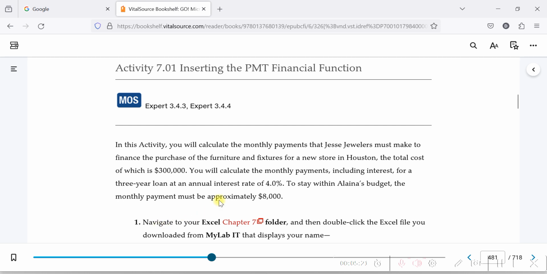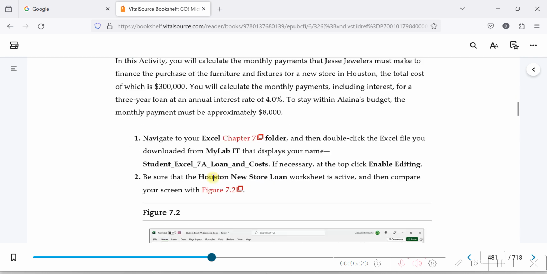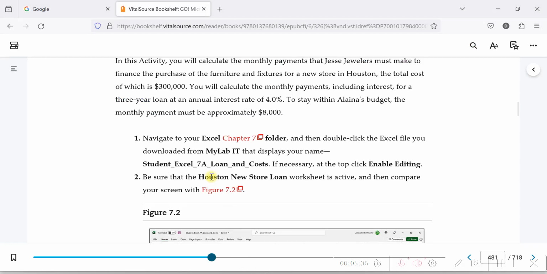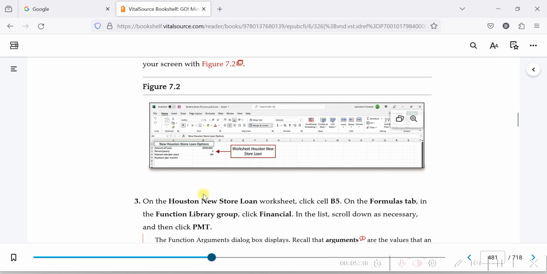So we've gone to the folder. We've downloaded loan and costs. And if necessary, we've enabled editing. Nope, because I had it on my hard drive. And what we're going to do is be in the new Houston store loan options, the Houston new store loan worksheet.